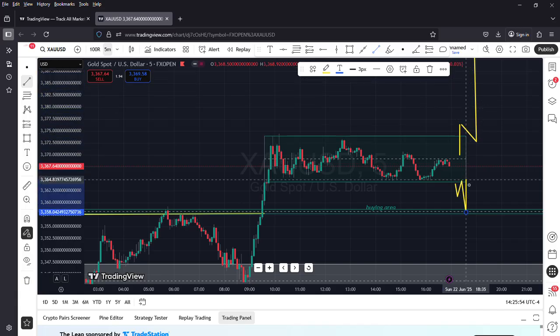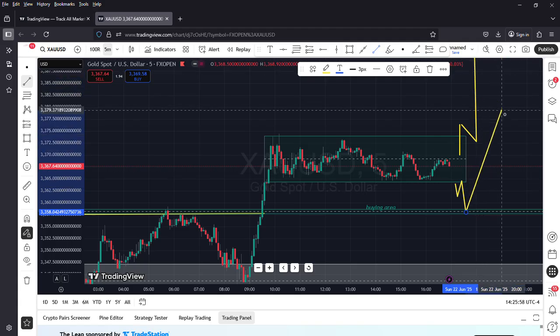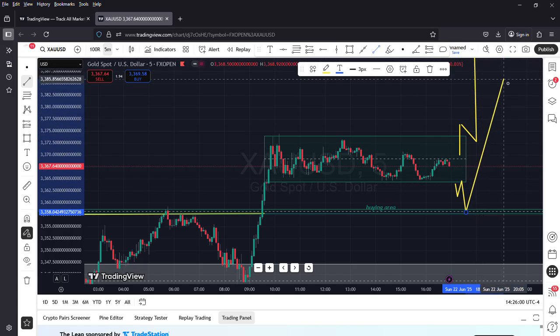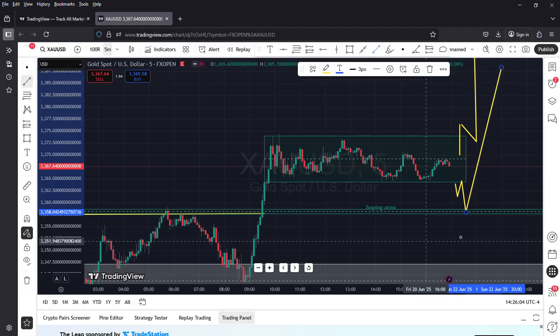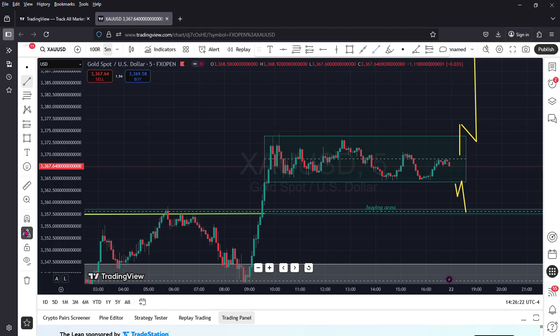It's a short sell, but I won't advise anybody to sell in this area. Rather, you can wait for the buy setup to be ready to buy to the upside. Or you wait for the market to break out from this area and retest, and you can still buy to the sell zone before the market collapses.